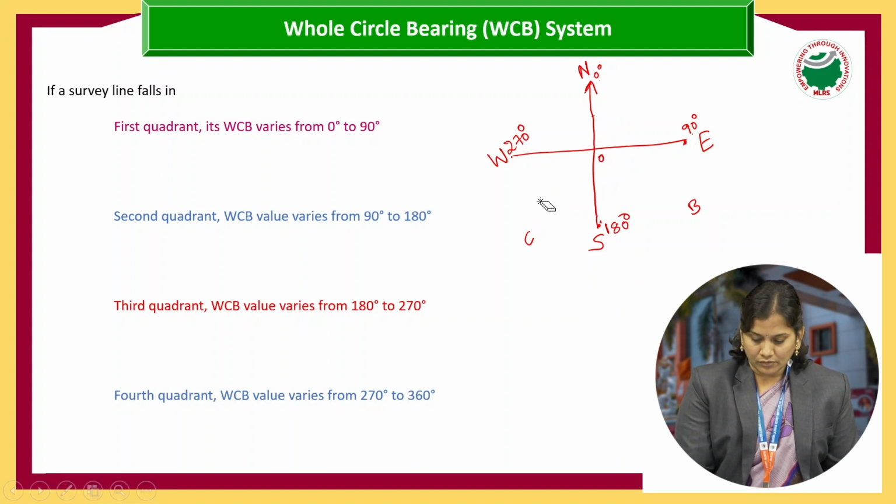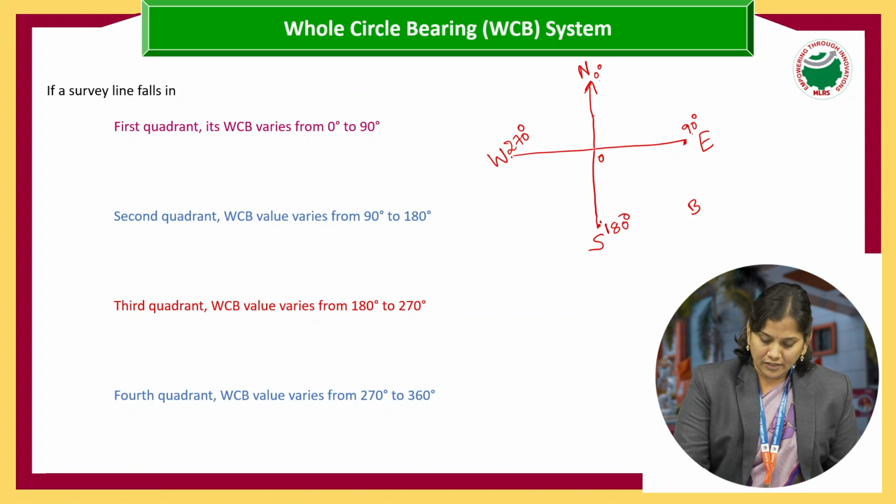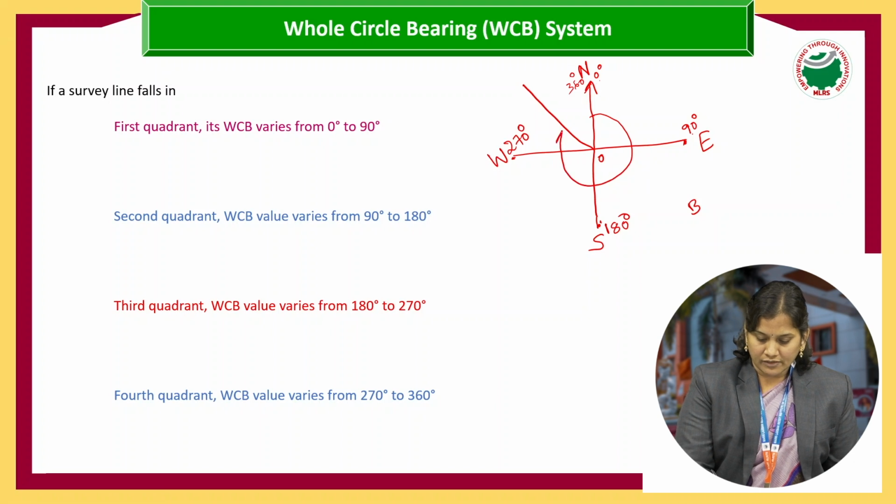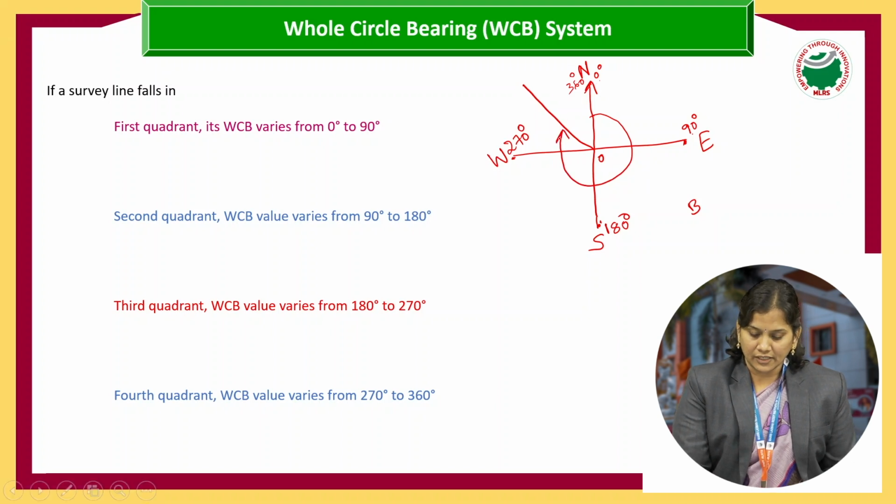Then coming to the last one, when our survey line is in fourth quadrant, it ranges between 270 to 360 degrees. Again we'll measure from north towards our survey line in clockwise direction only.